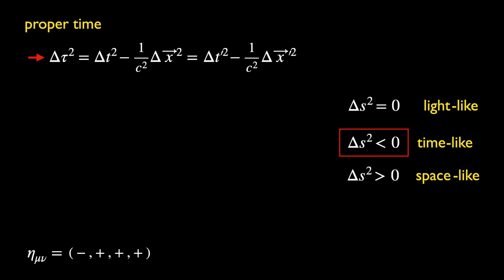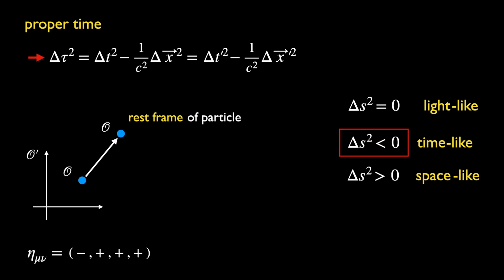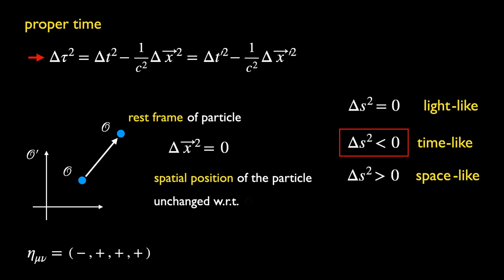But whose time is it anyway? Suppose a particle is moving across this interval in the frame of O', but is stationary with respect to O. We say that O is the rest frame of the particle. In this frame, the spatial position of the particle is unchanged, but the particle moves forward in time.